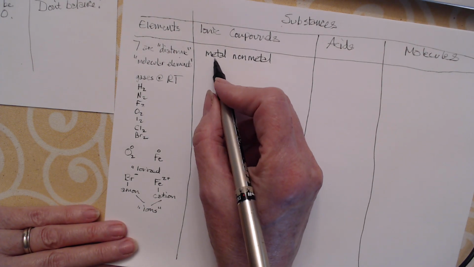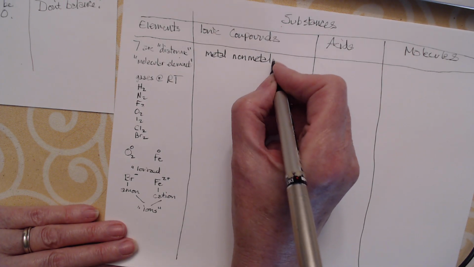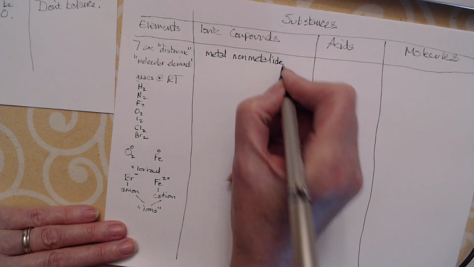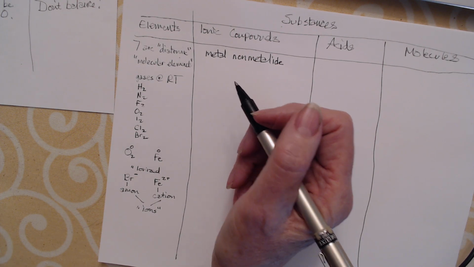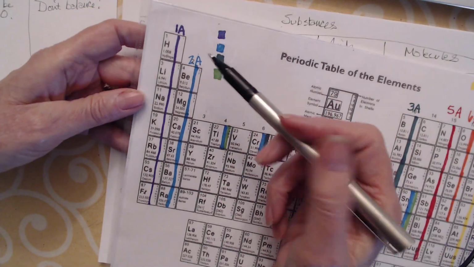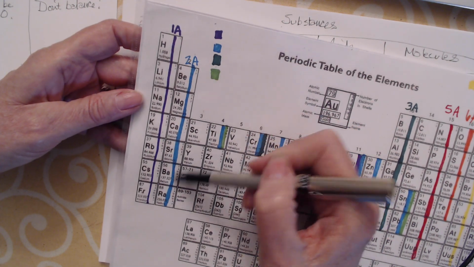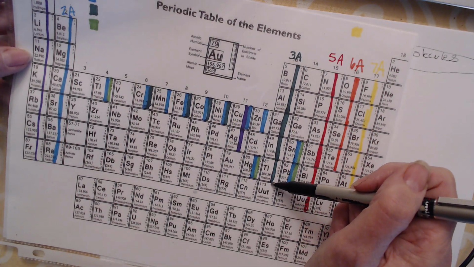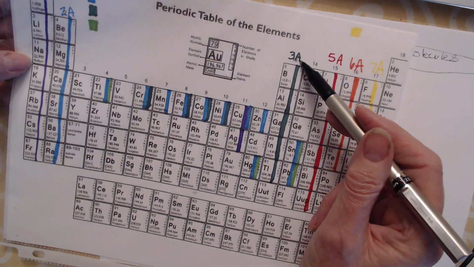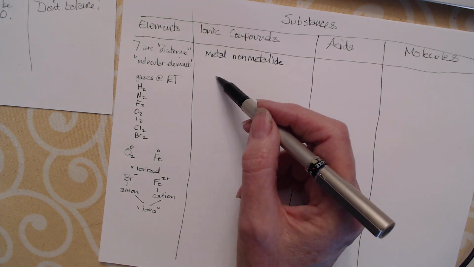When we name these ionic compounds, we're always going to name a metal, non-metal-ide. Okay? And because we've got a lot of them that can only ionize to one possible charge, right? Everybody in column 1, everybody in column 2, and everybody in column 3 that we work with, we know that they're automatically assuming a certain charge, right?